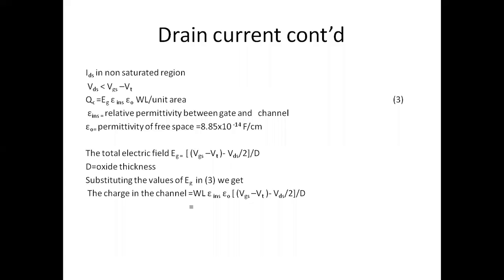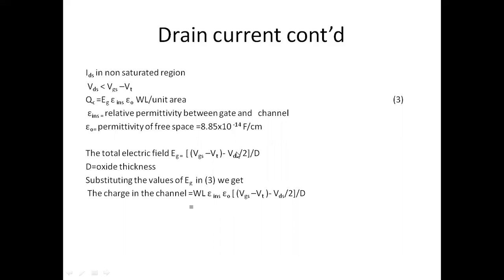The total electric field Eg is equal to VGS minus VT minus VDS by 2, divided by D. What is this? The effective potential is VGS minus VT. Average drain to source potential is VDS by 2.